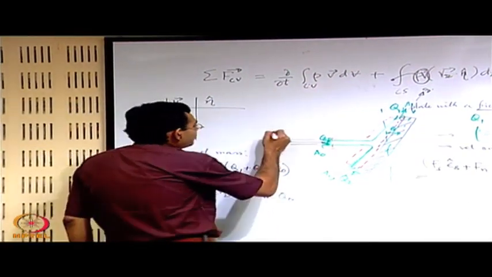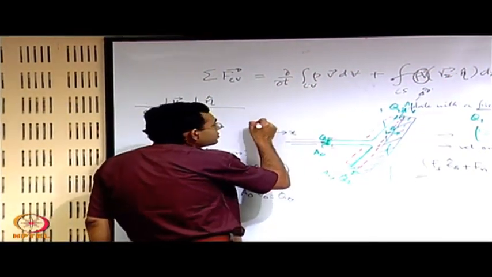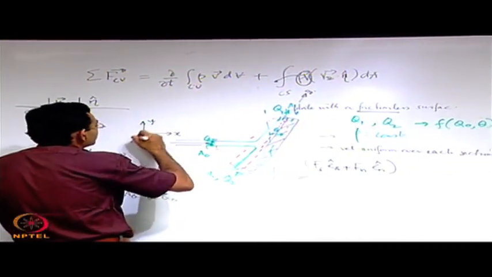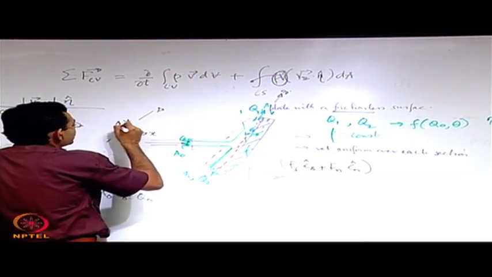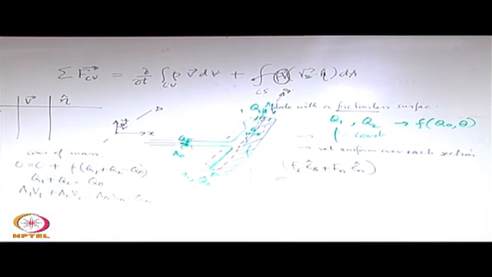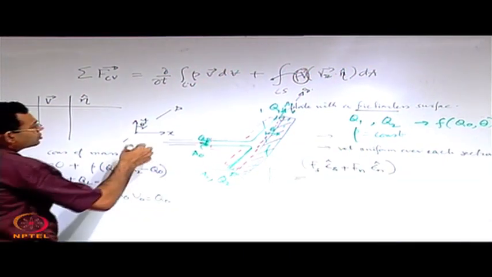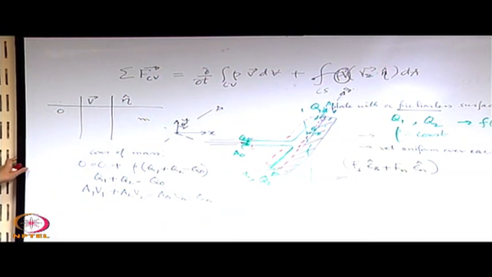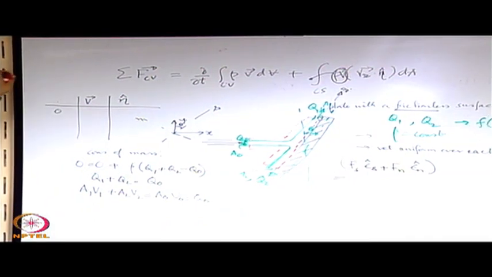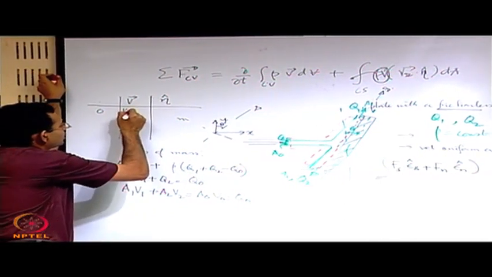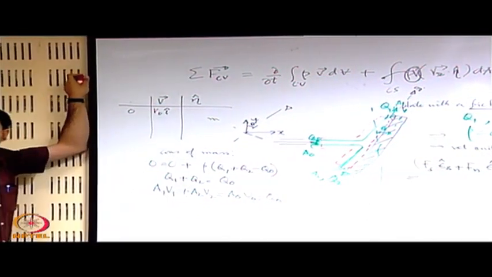Let us say that we have our original axes, this is x and this is y, and the s axis is like this, which makes an angle theta with y. Maybe you can also choose an n axis which is normal to that. Now, what is V for this one? V is say V naught i cap.